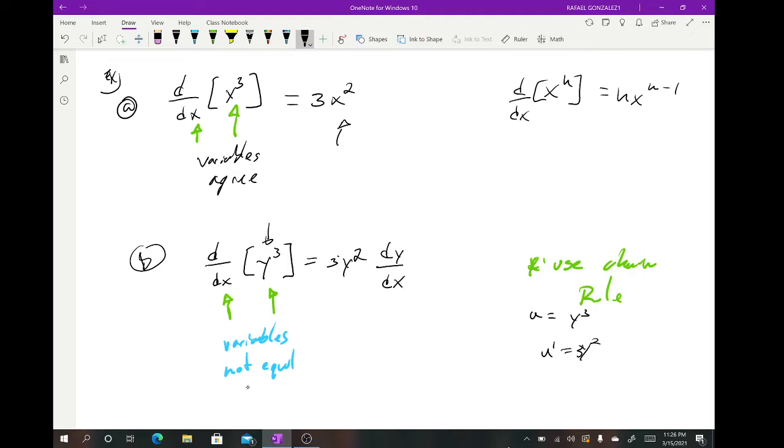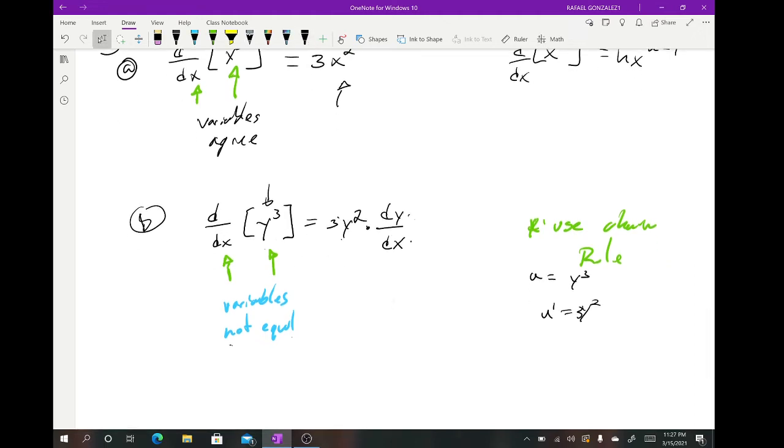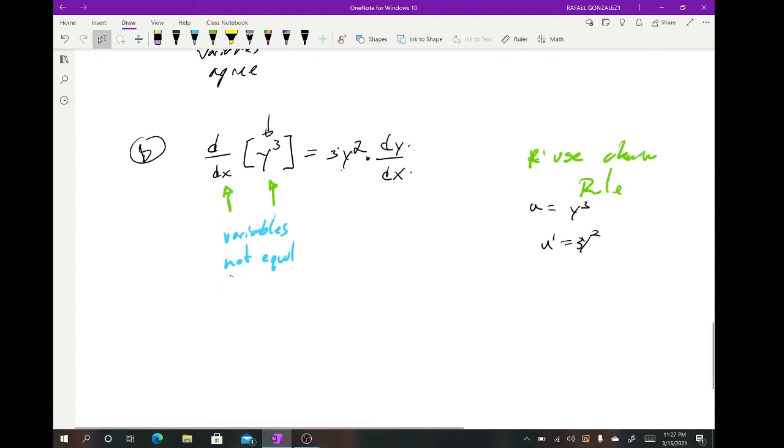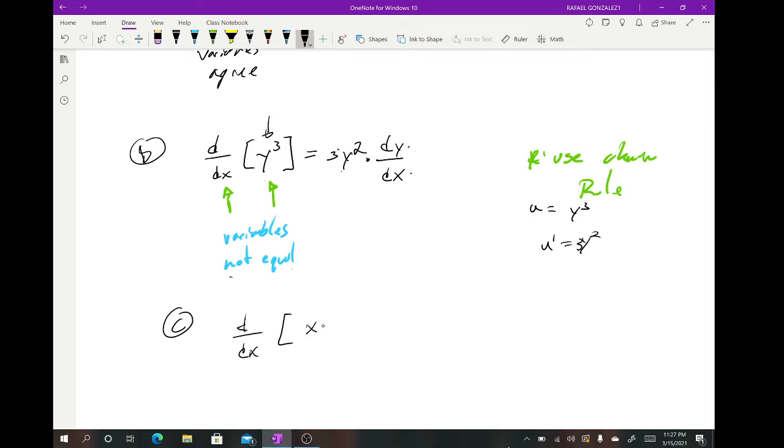So because the variables were not equal, we will multiply by dy dx. Whenever we take the derivative of y's, we will always write dy dx next to the derivative that we just took. So let me illustrate this once more. Let's say you're taking the derivative, again, with respect to x, of x plus 3y.